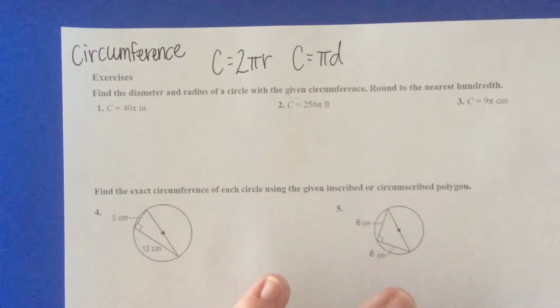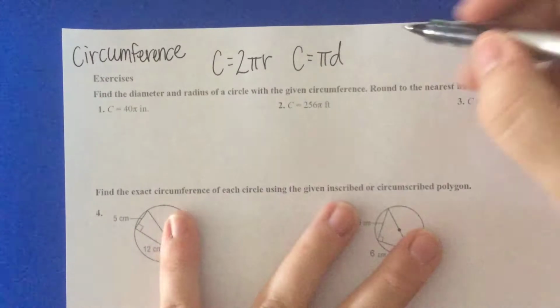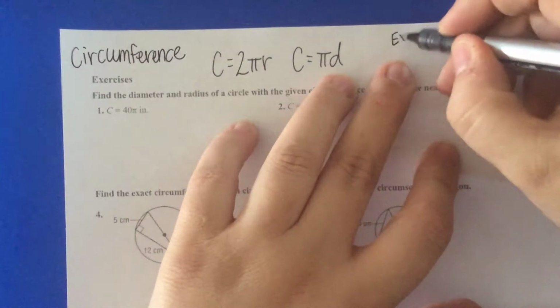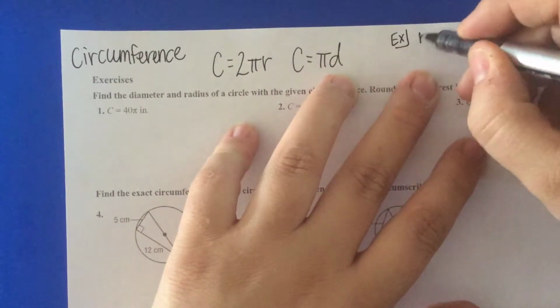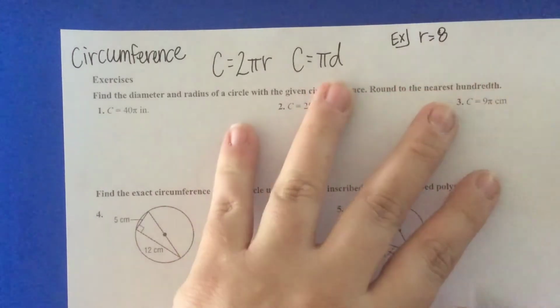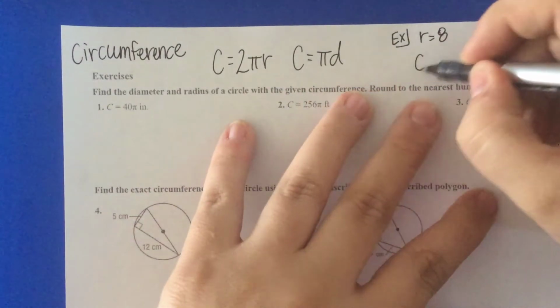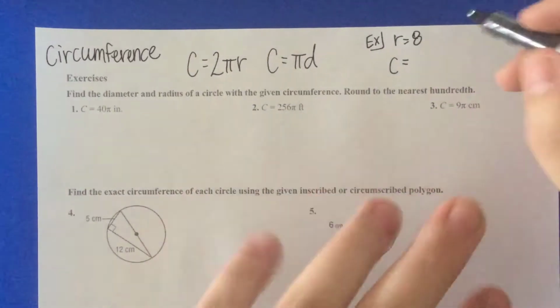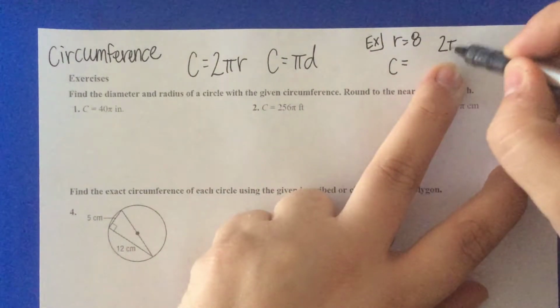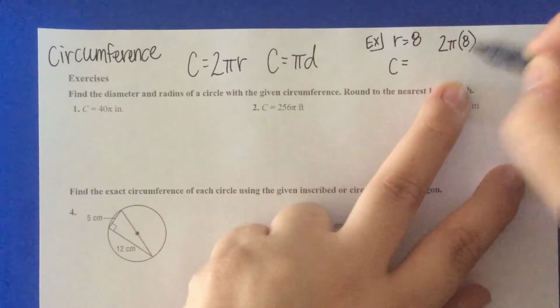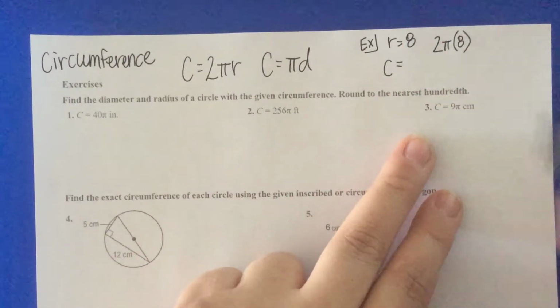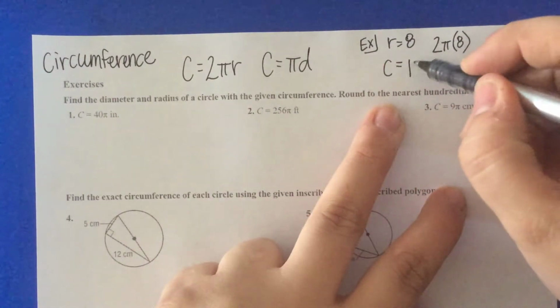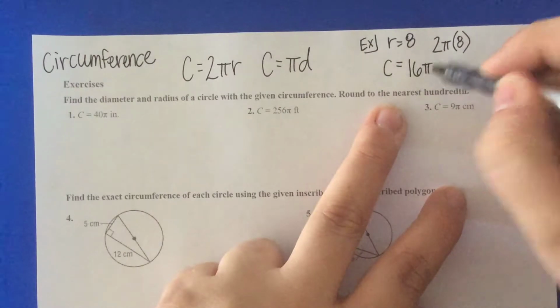Now, in the past, up until this point, we would say in our example that say the radius is 8, and we want to know what the circumference equals. Well, then we would put it into 2 pi times 8, and we would get 2 times 8, which is 16, times pi.